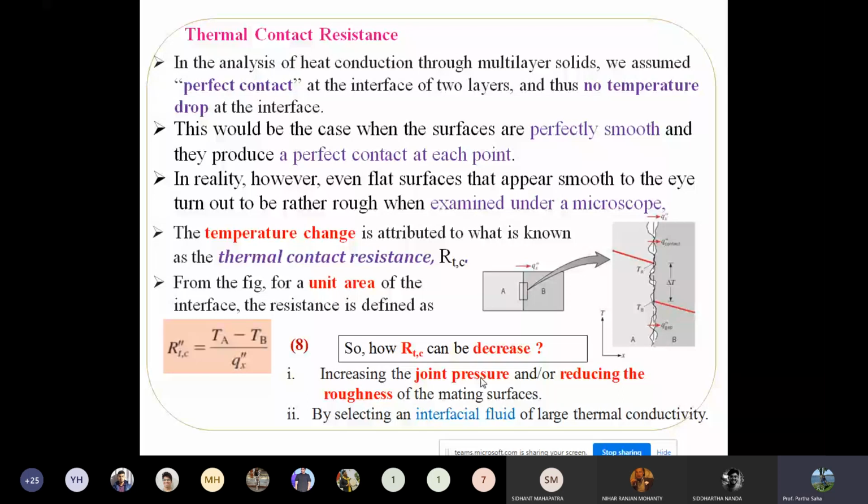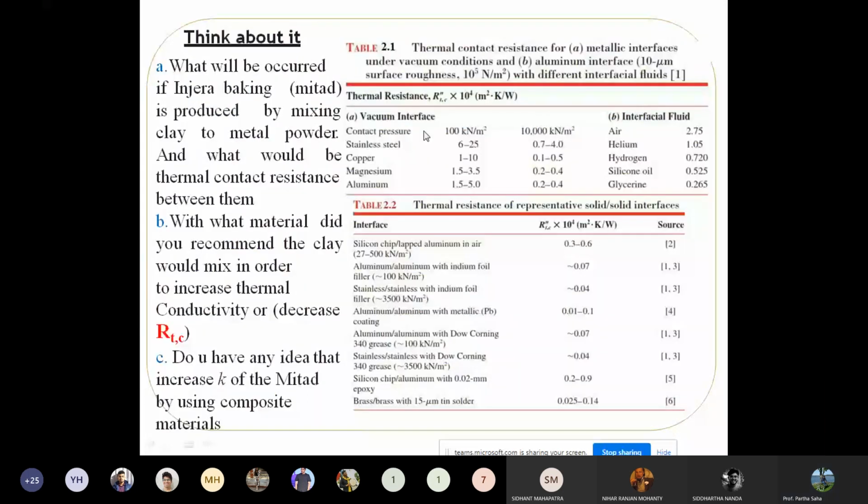Here some parameters are given for different materials, showing how the thermal resistance varies. You can see the first table, the thermal contact resistance for metallic interfaces under vacuum condition: stainless steel, copper, magnesium, aluminum. If these two layers are in touch and pressurized, you can see the pressure is varying. Then what happens? The thermal resistance decreases.